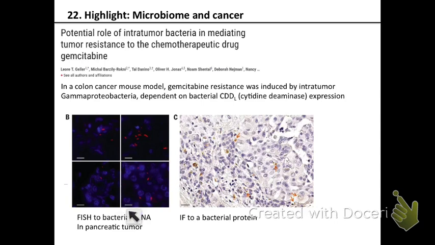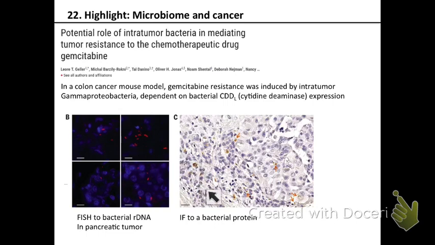This is a pancreatic tumor. And what they're showing you is that they're doing a DNA FISH against the bacterial rDNA from this gamma proteobacteria group, okay? And all of these little red lines here show that this bacterial DNA exists in that sample.